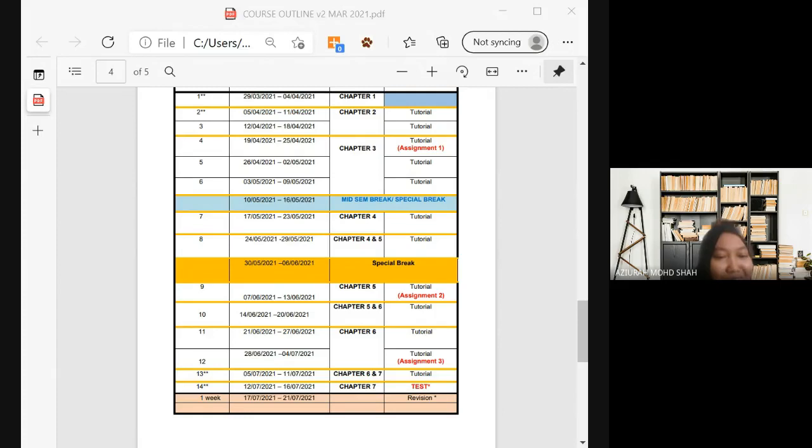Mana pula file saya? Tengok tu. Kalau ada apa-apa soalan dekat chat ni, kadang-kadang saya tak perasan.